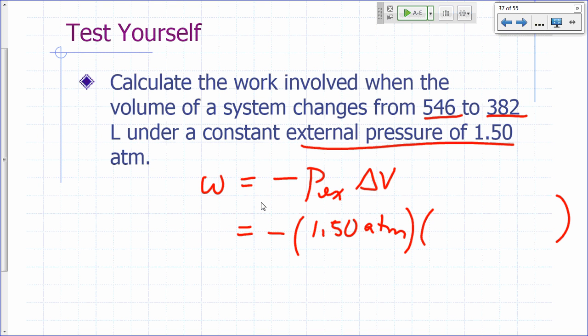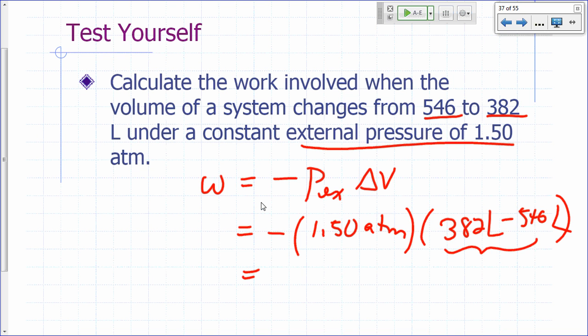And what's our volume change? Final volume is, what's our final volume? 382. What's our initial volume? 546 liters.